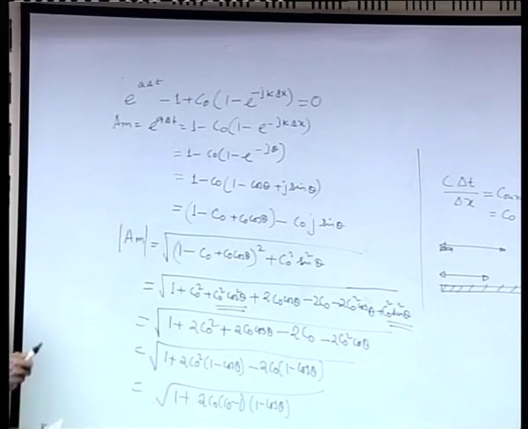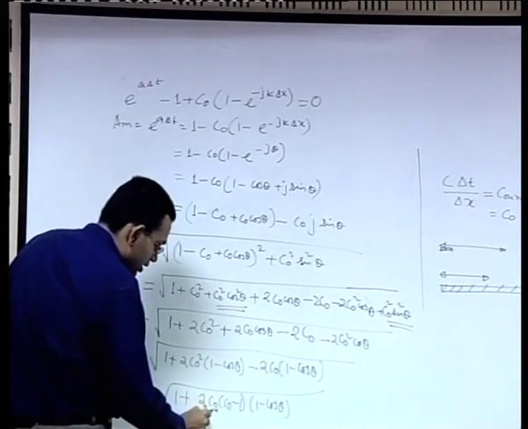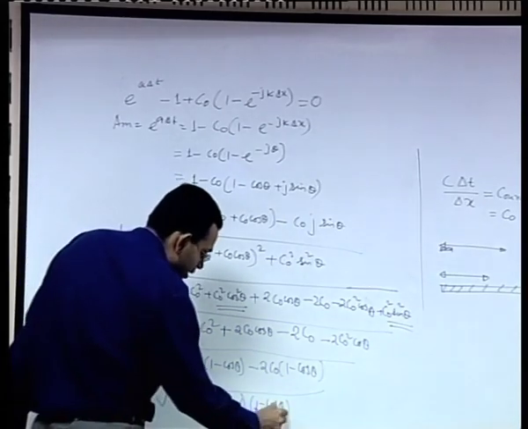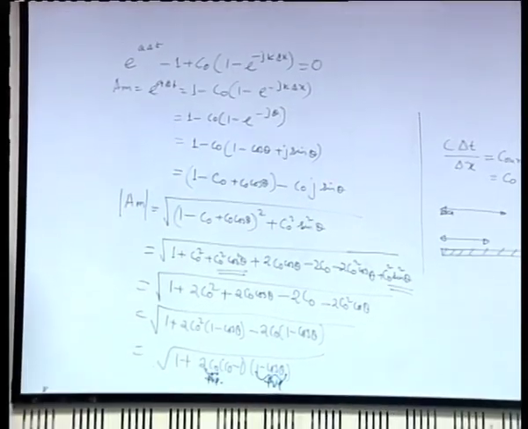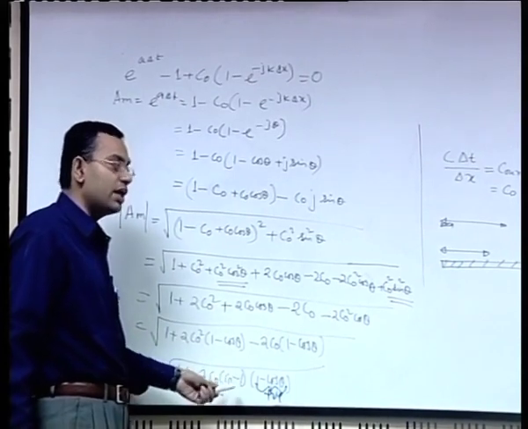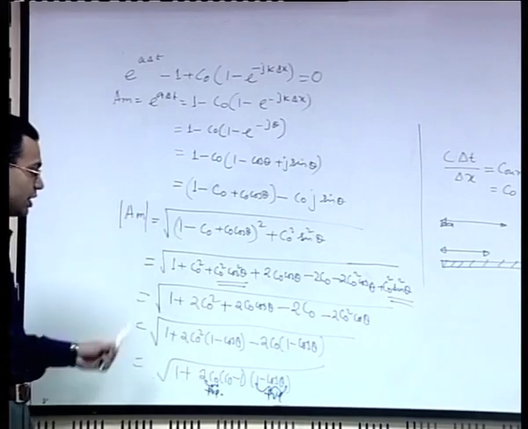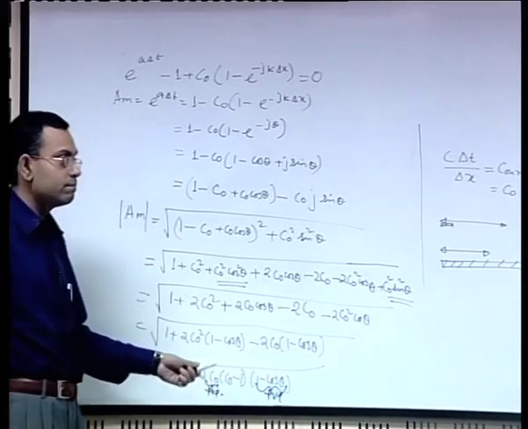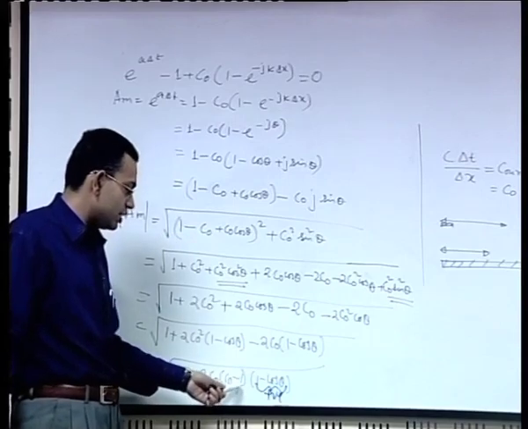Now, let us look into this expression. C naught is positive, 1 minus cos theta is positive. Now, C naught minus 1 can be positive or negative depending on whether it is greater than 1 or less than 1. If it is less than 1, then it is negative.